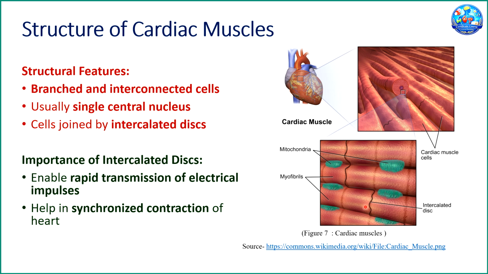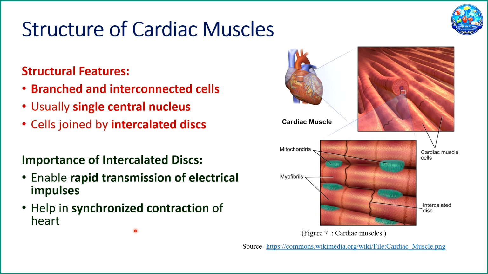So this allows electrical impulses to pass rapidly from one cell to another cell. This ensures synchronized contraction of the heart, which is required for its continuous functioning and pumping of blood.